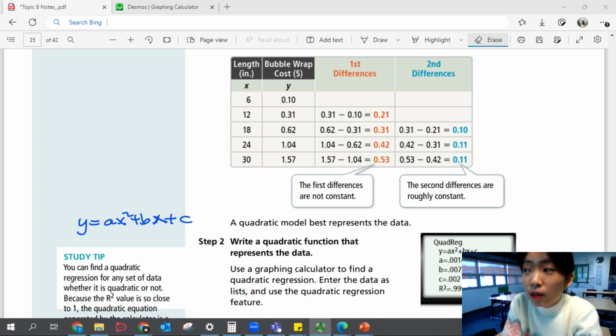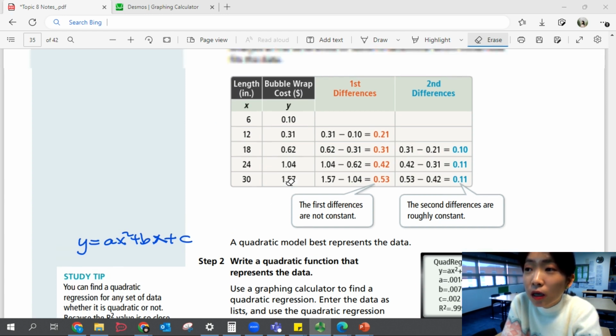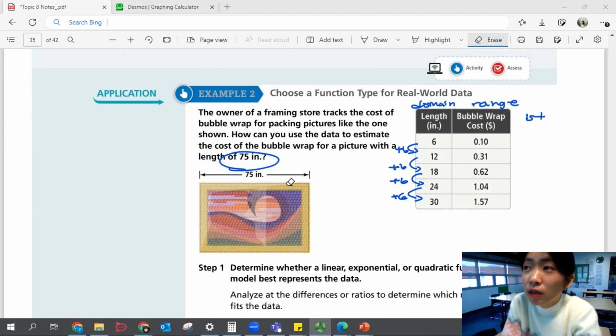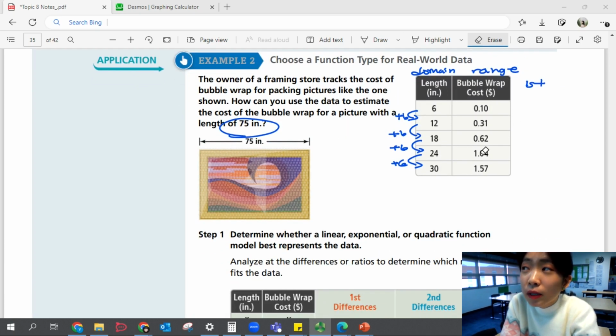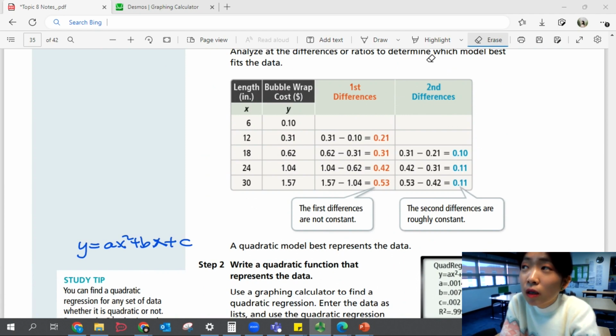And if we assume that we don't have a constant, because if there's no length, we probably have no cost, right? Then we can say c is 0.